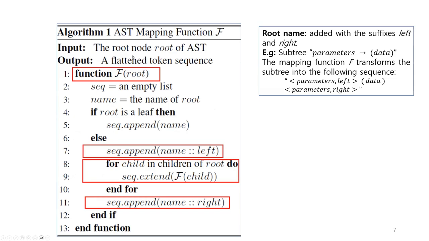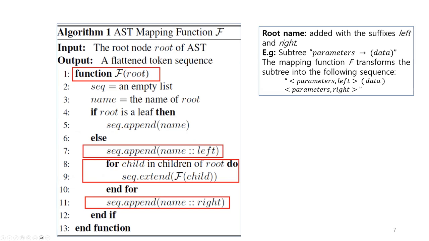Its input is the AST tree. The tree node may be a leaf node or actual root, but is initialized by the root. Then the final output of this conversion is a flattened token sequence.